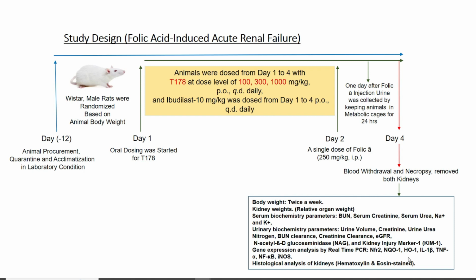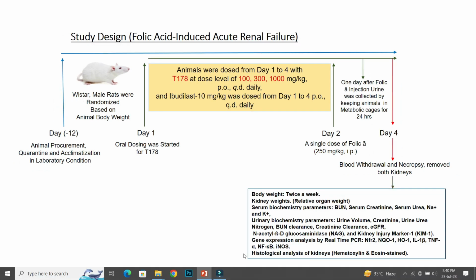And finally, in blood and urine we can do kidney marker tests, KIM-1 and NAG, and also we can perform gene expression by RT-PCR: Nrf2, NQO1, HO-1, IL-1 beta, TNF alpha, NF kappa B, and iNOS, inducible nitric oxide synthase. And finally we will do kidney histopathology.